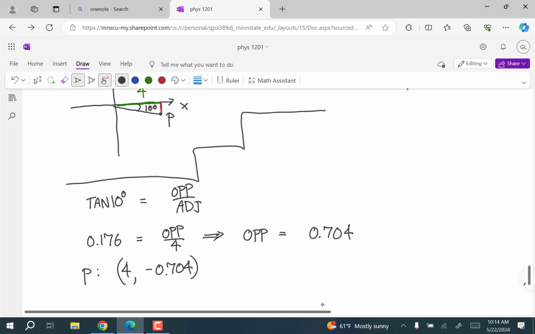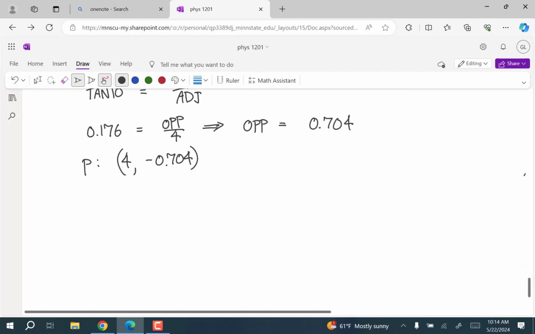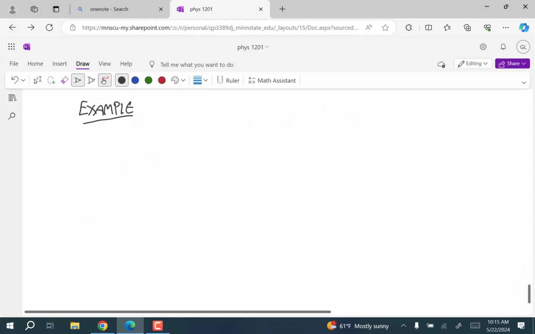Let's do one more example together, and hopefully this stuff is making sense. So this last example, our coordinate system is this.